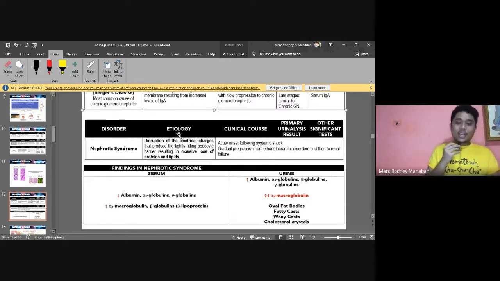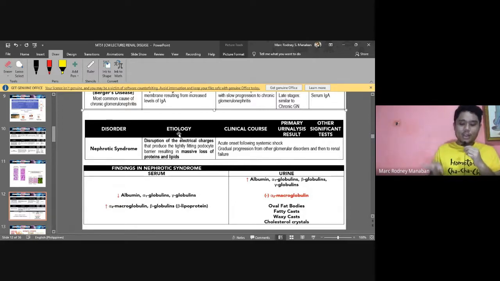In comparison, there is increased alpha-2 macroglobulin. It's in the name, why would it increase? Because it's big, macro. It cannot pass through the glomerulus. Although the glomerulus is damaged, the charges are the problem. In terms of size, alpha-2 macroglobulin is really big, so it cannot get out of your glomerulus.